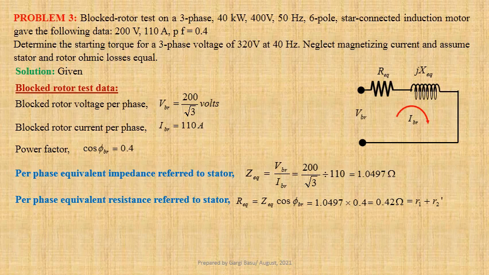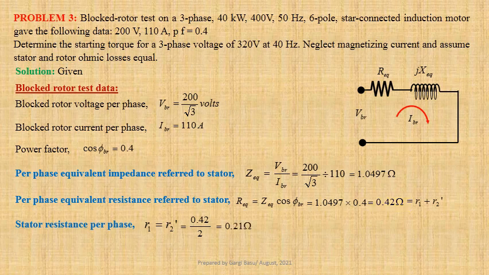Since the stator and rotor ohmic losses are equal, R1 equals R2 dash equals 0.42 divided by 2, that gives us 0.21 ohm.